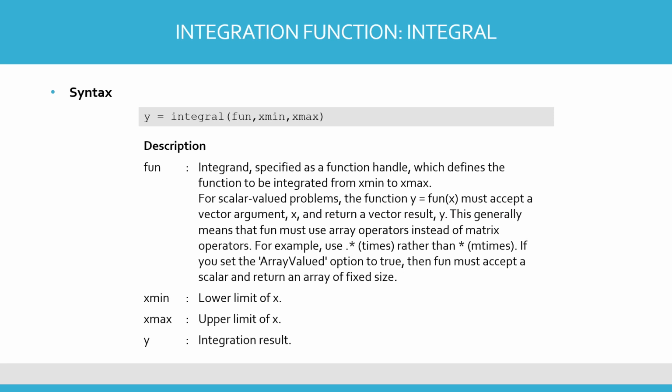So we continue with the integral function. If you recall, integral with this symbol, you have a function of, for example, f(x) dx. So how to do integral in Matlab? Basically you have to call the function called integral.